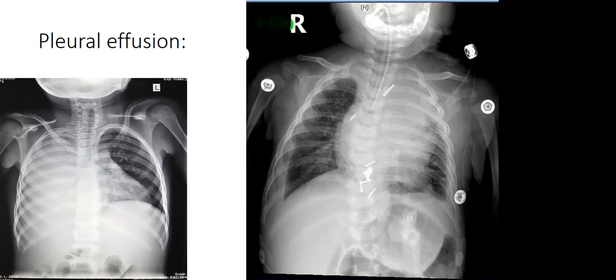Good, yeah. And there's a little bit of effusion. Yeah, very good, there is a bit of an effusion on the right side. You can see the lung markings no longer reach the ribs, and there's really an effusion all the way around the lung.